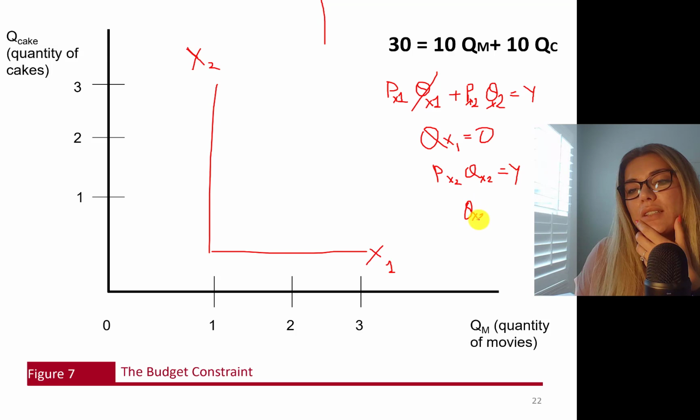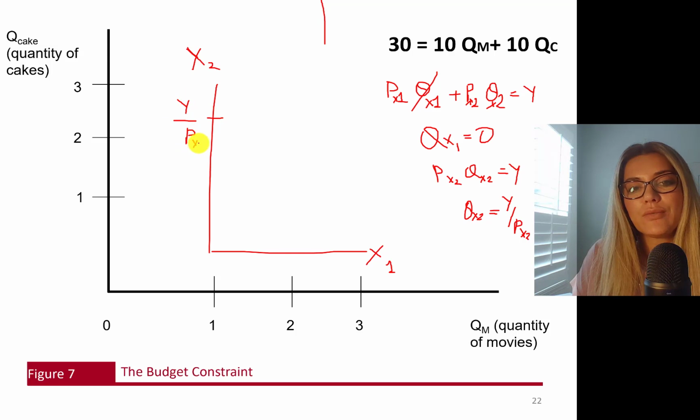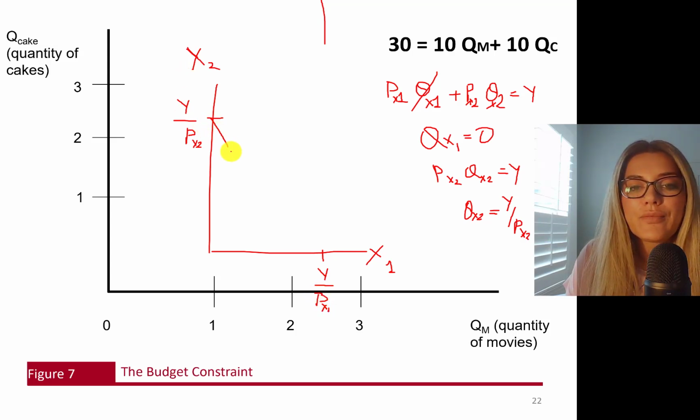How many x2s can I consume? Your income divided by price of x2. Of course it is like that. So this intercept will be your total income divided by price of x2. And if you only consume x1, you spend all your money on x1 consumption, so income divided by price of x1. You then connect these two points.